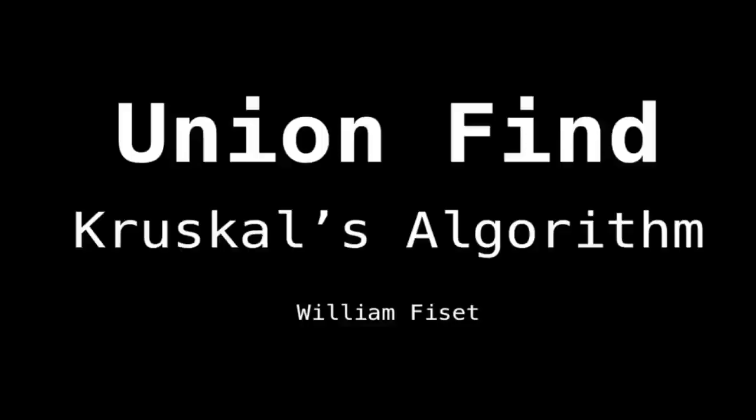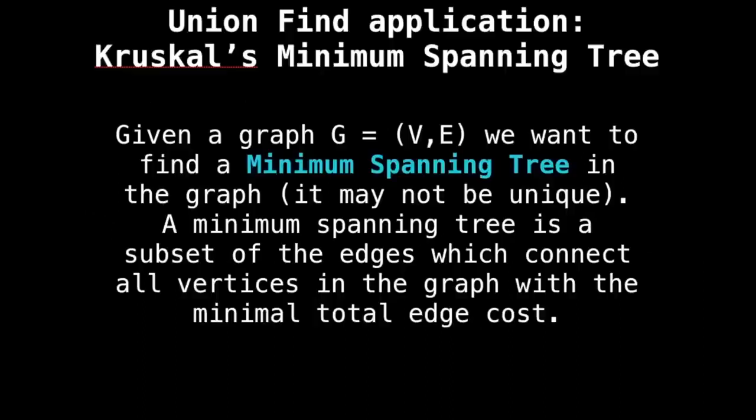Okay, let's talk about a really neat application of the union find, which is Kruskal's minimum spanning tree algorithm. You might be asking yourself, what is a minimum spanning tree? If we're given some graph with some vertices and some edges, the minimum spanning tree is a subset of the edges which connects all the vertices and does so at a minimal cost.